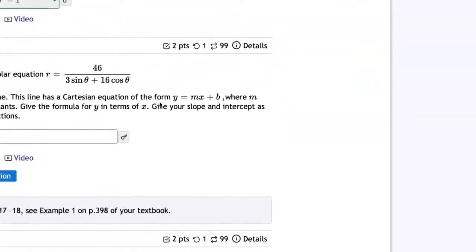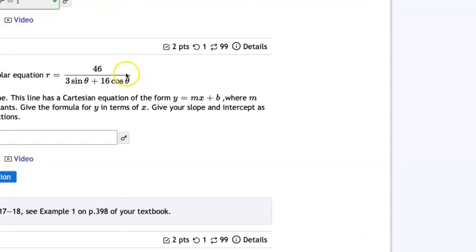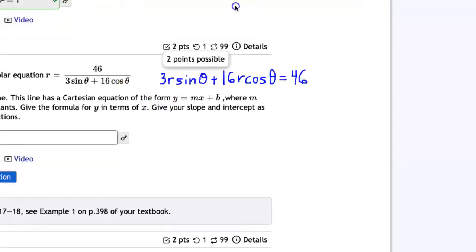Okay, number 16. Here we're going to start by cross multiplying. And when you cross multiply, you get to see that we have r sine theta and r cosine theta, which conveniently get replaced with y and x. So then we can rewrite this as 3y.